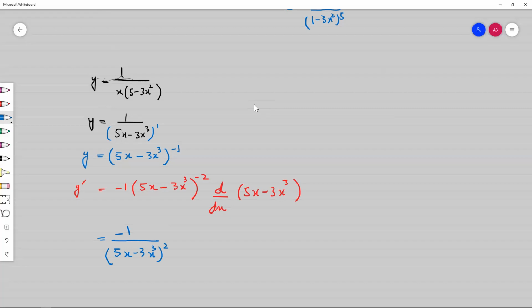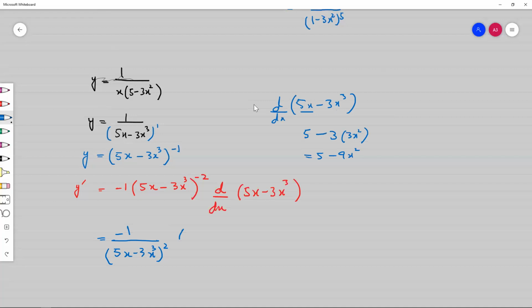While the derivative of this, you can differentiate d over dx by writing it separately, 5x minus 3x cube. So the derivative of this 5x would be only 5, while 3 is constant. The derivative of x cube is 3x square. So you can write 3x square here. The final answer 5 minus 9x square.